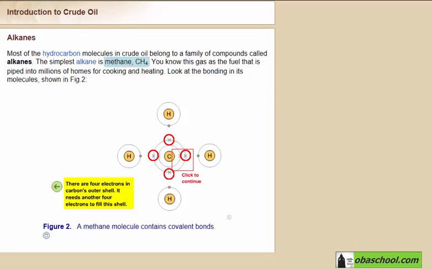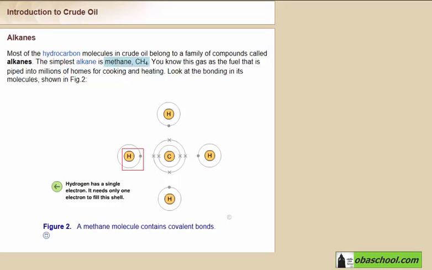So this is the carbon atom with 4 valence electrons. On the other hand, hydrogen, H, has only one valence electron, which is its single electron, so it needs only one electron to fill this shell. Let's examine now how carbon and hydrogen will react together.